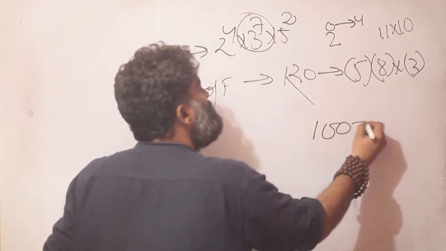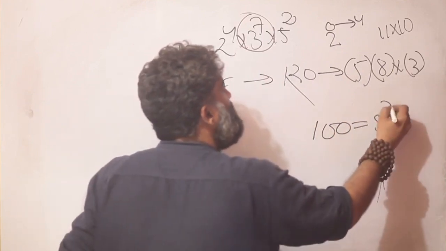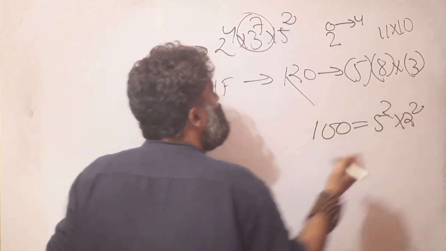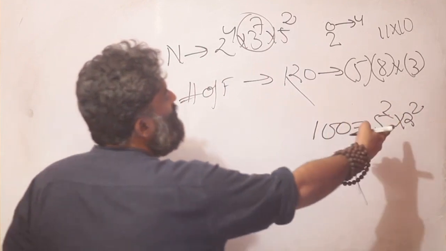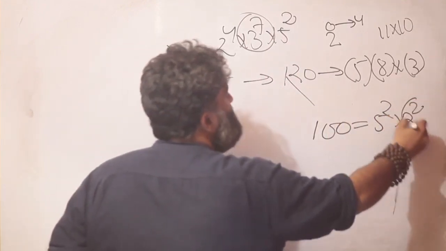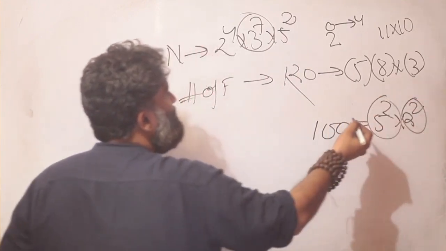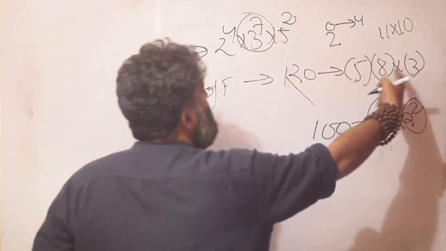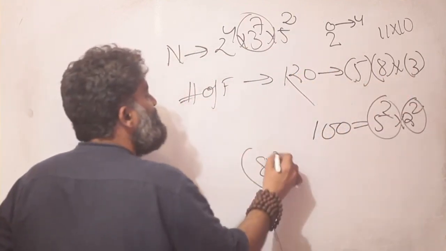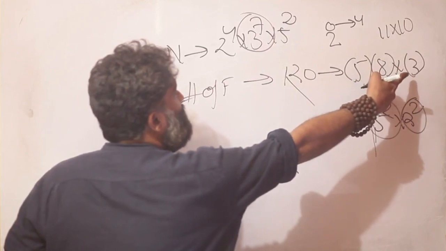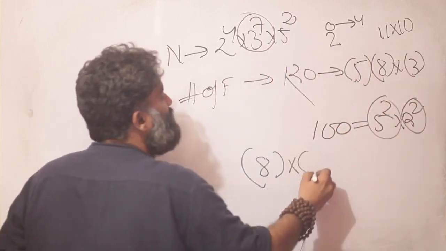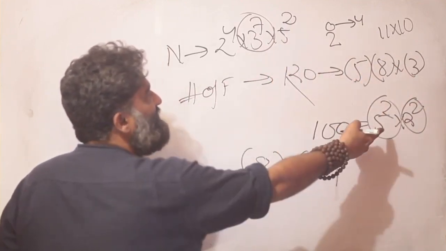When I say 2 zeros, it means 100, and 100 is a 5 square and a 2 square. That means now in my configuration, I must have two 2's and two 5's. When I looked at this 5, 8 and 3, this 8 would remain the same in the middle. Out of the 3 possibilities for 5, only one is allowed. Which one? 5 square, right?